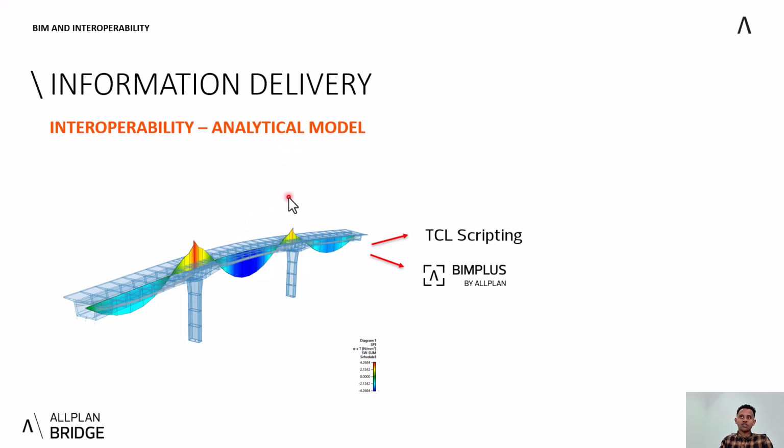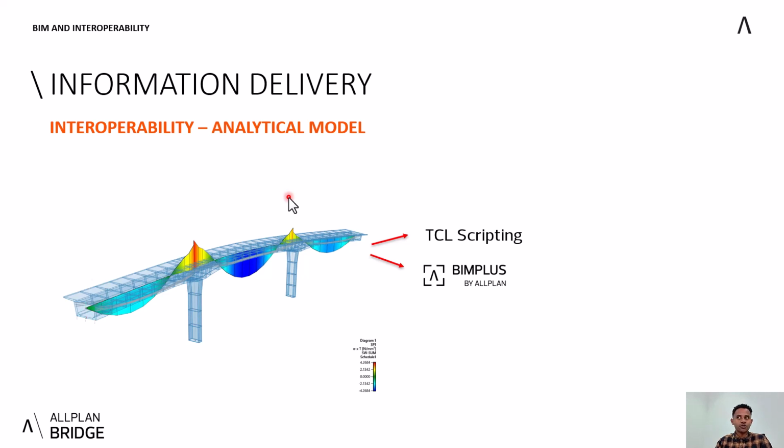Because I feel there are not so many workflows or literature showing how an analytical model can be shared or reused. From the openBIM perspective, there are two ways to share an analytical model.